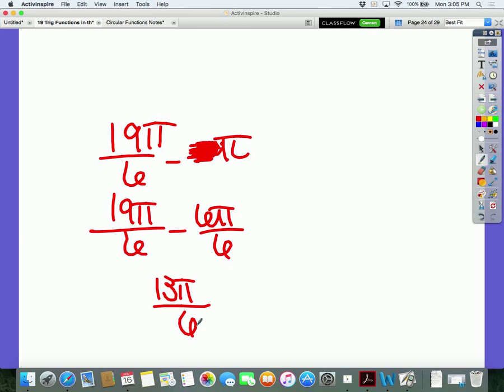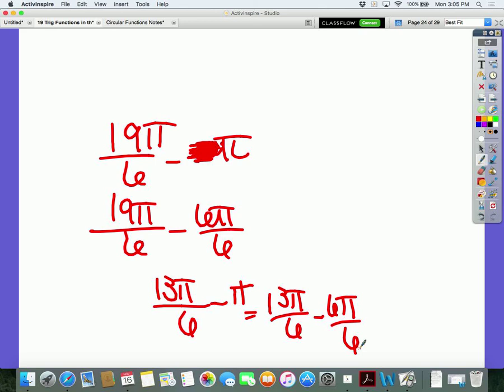Is this on your unit circle yet? So you have to do another pi to get one that is on your unit circle. And that's how we get that 7 pi over 6. So n could be any integer. It could be 1, it could be 2, it could be 3. We just need an integer that's going to get us on the unit circle.